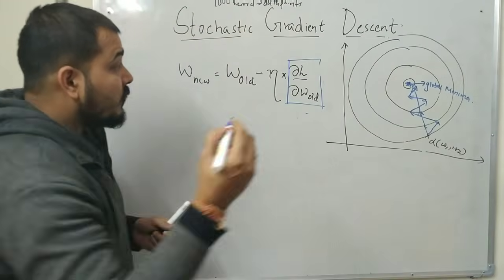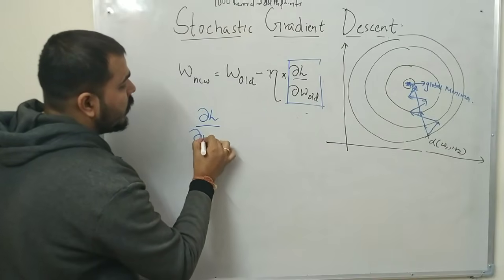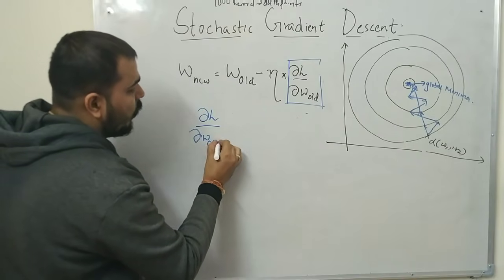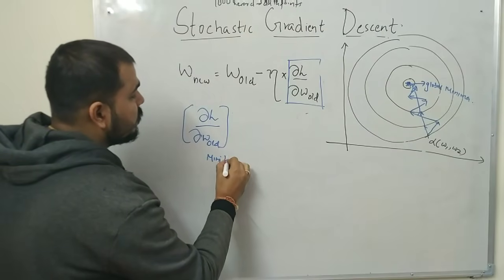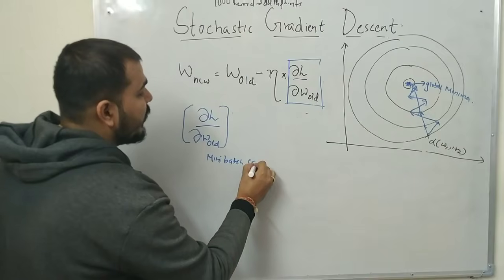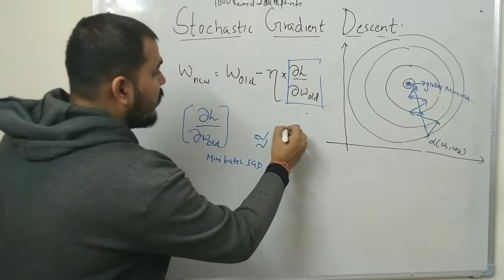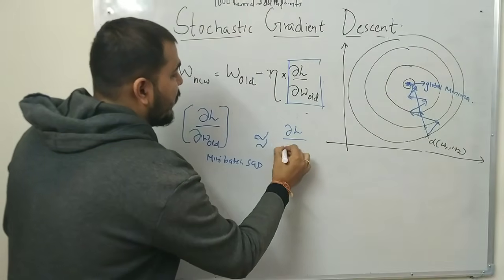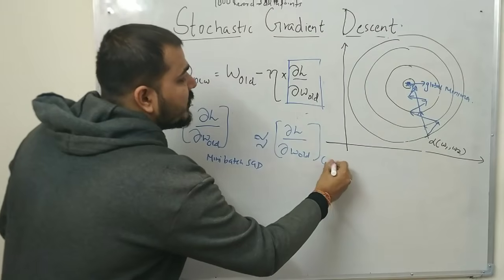So what we can consider is that when I find the derivative of loss with respect to derivative of W old with the help of mini batch stochastic gradient descent, it will be approximately equal to the derivative of loss with respect to derivative of W old with gradient descent.